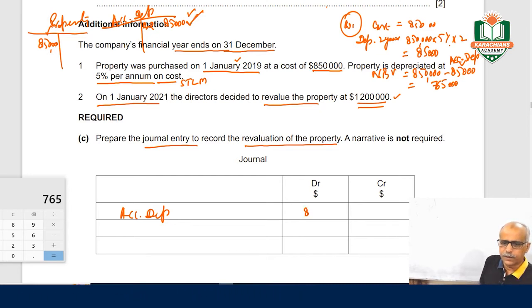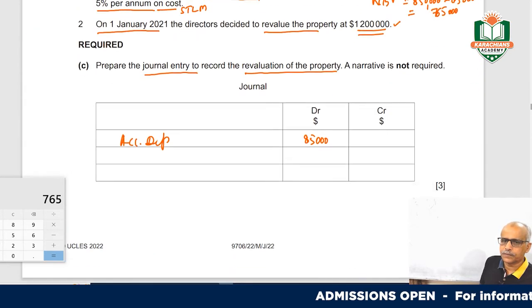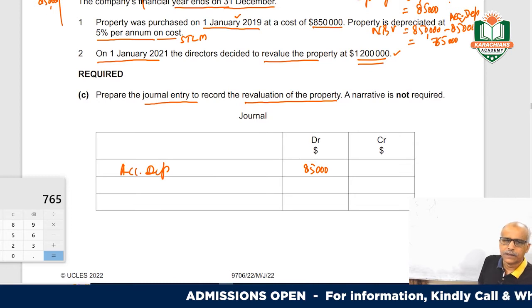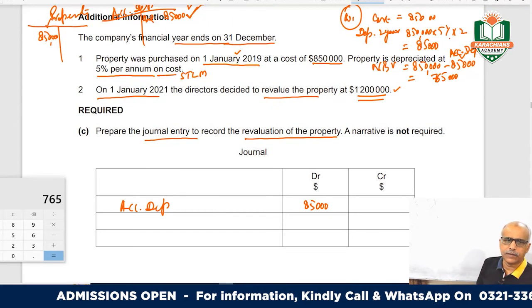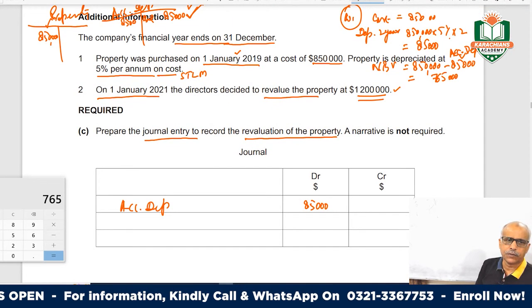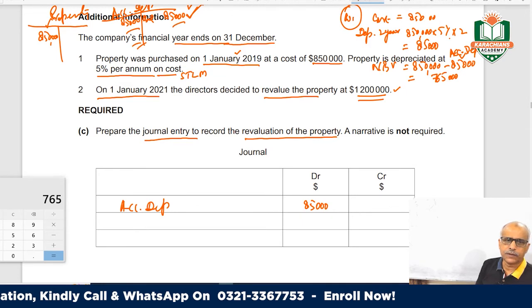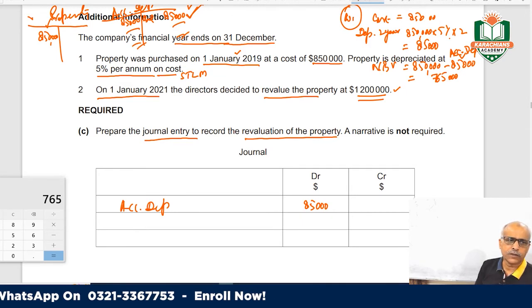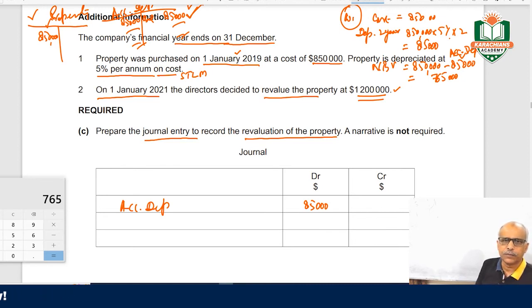So you should debit accumulated depreciation by 85,000. When you debit it, no depreciation will be there. This is just to make you understand; you don't have to reproduce it during your paper.